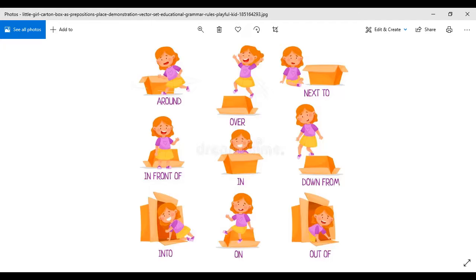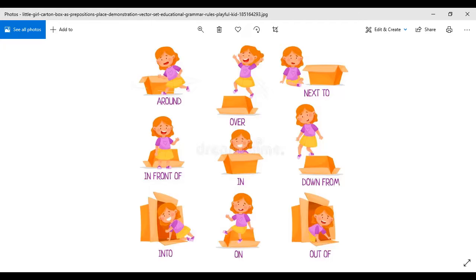Now down from. She is basically jumping down, so that is why we have used the words down from, right? In the next picture, a box is being placed and the girl is trying to enter it. That is why we say she is going into the box.